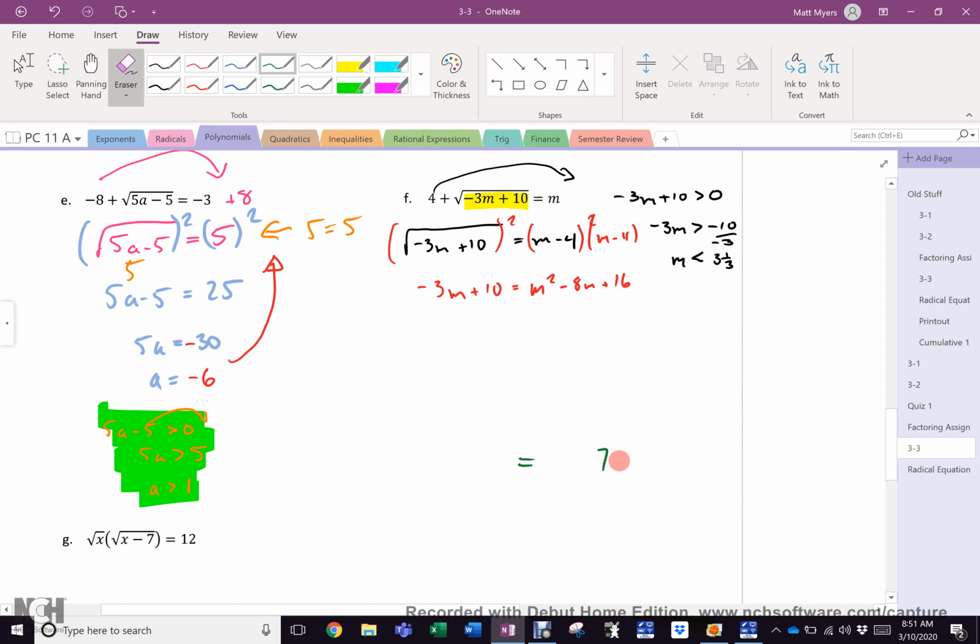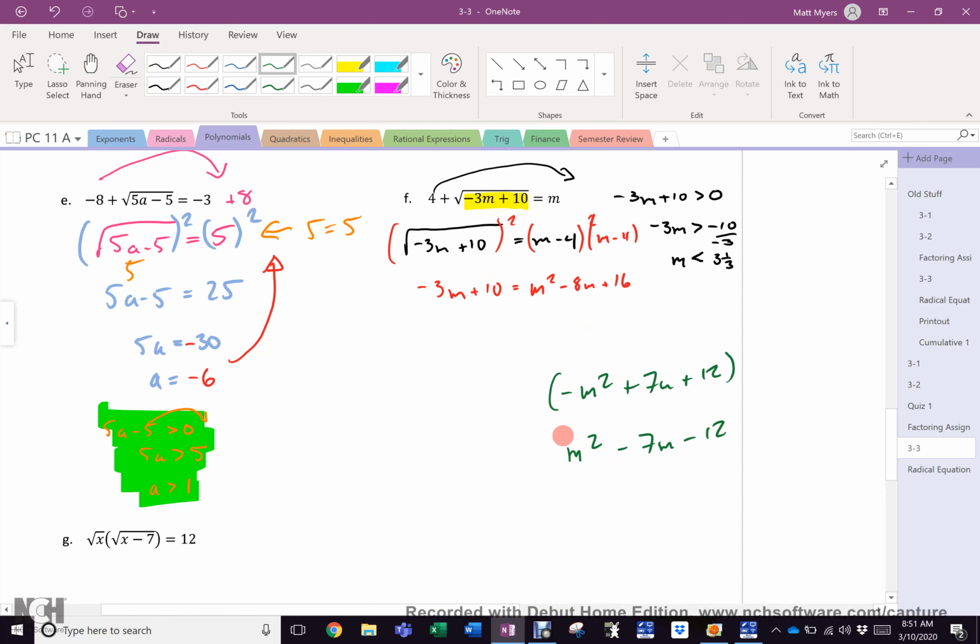Why do I want to keep that m positive? Again, everybody agrees we're not moving the m, but why? What's easier to factor? Negative m squared plus 7m plus 12, or m squared minus 7m minus 12.